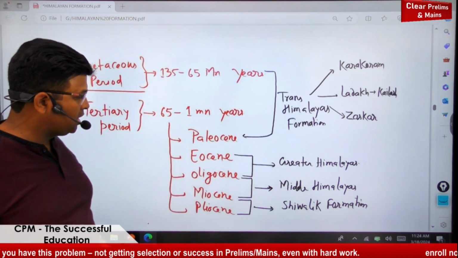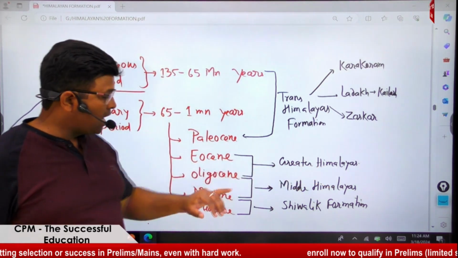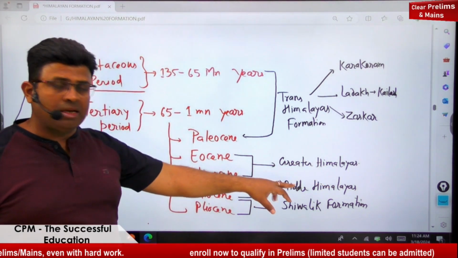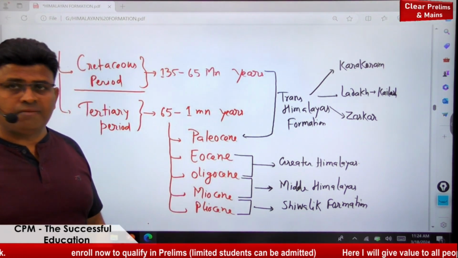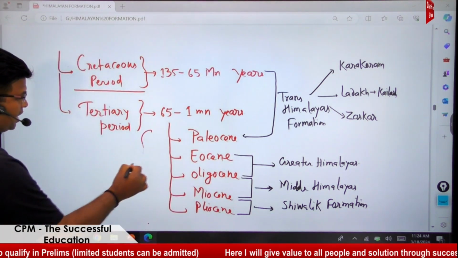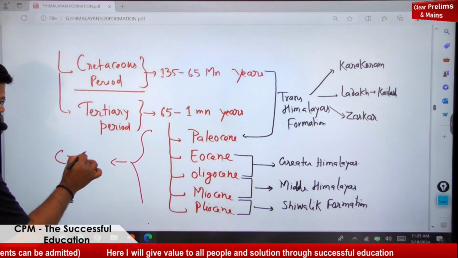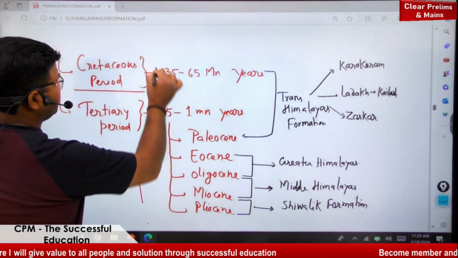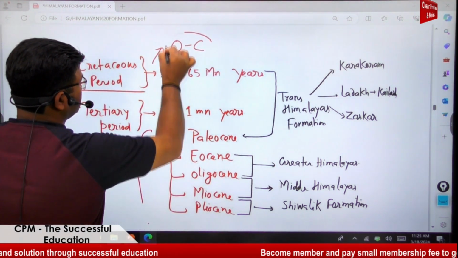And which are the Himalayas? From the Eocene to the Oligocene, the Greater Himalayas; from the Oligocene to the Miocene, the Middle Himalayas; and from the Miocene to the Pliocene, the formation of the Shivalik range. Let me repeat: this Himalaya has been formed by continental convergence, and the Trans Himalayas are mostly made up of ocean-continental convergence.